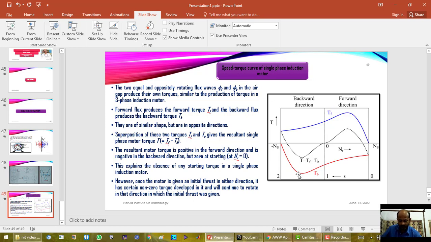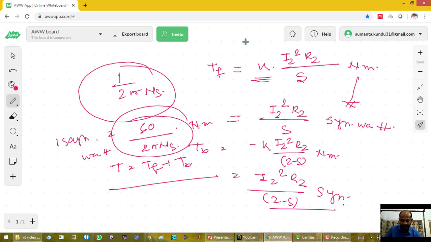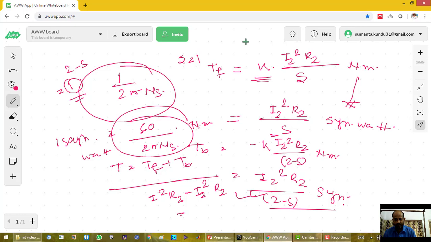So if S equals 1 at standstill, what is my 2 minus S? It is also 1. So this 2 minus S is also 1, this S is also 1. So TF is becoming I2 square R2 and TB is becoming minus I2 square R2. So the total torque is 0.